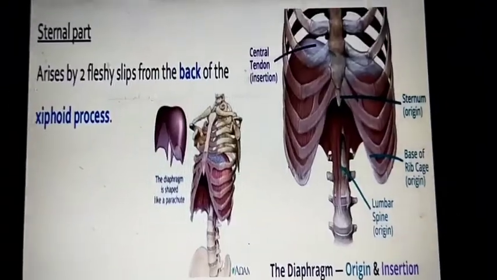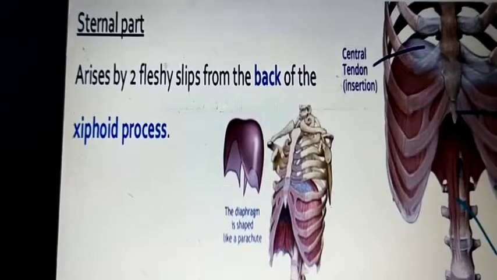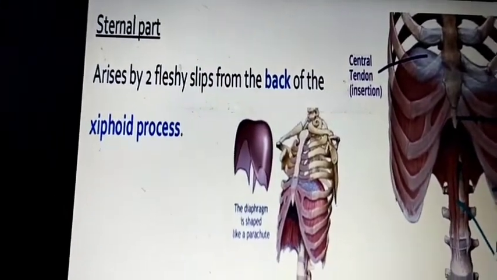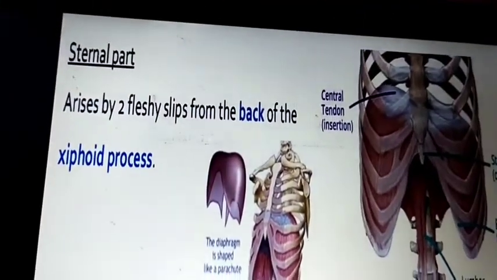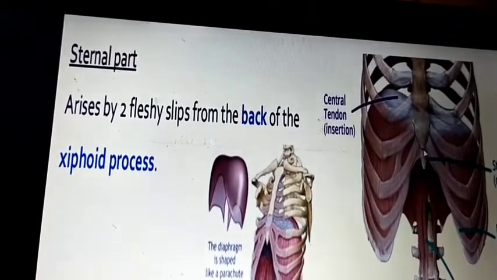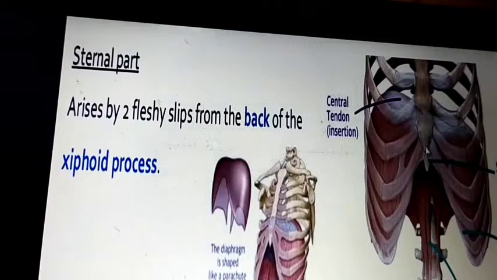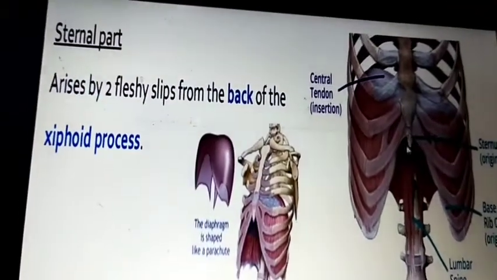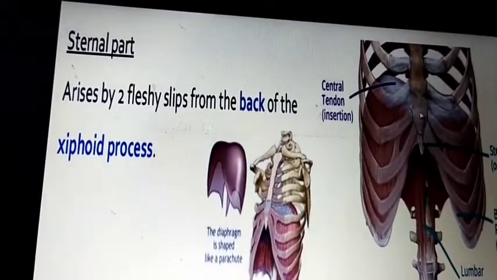Now, one part originates from the sternal part. This is the sternum, this is the xiphoid process, and this is the sterno-xiphoid joint. Sternal part means it is from the sternum.